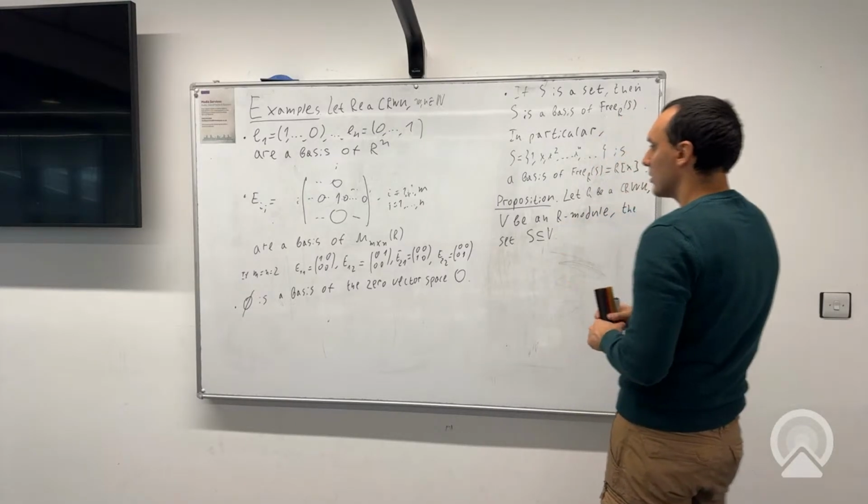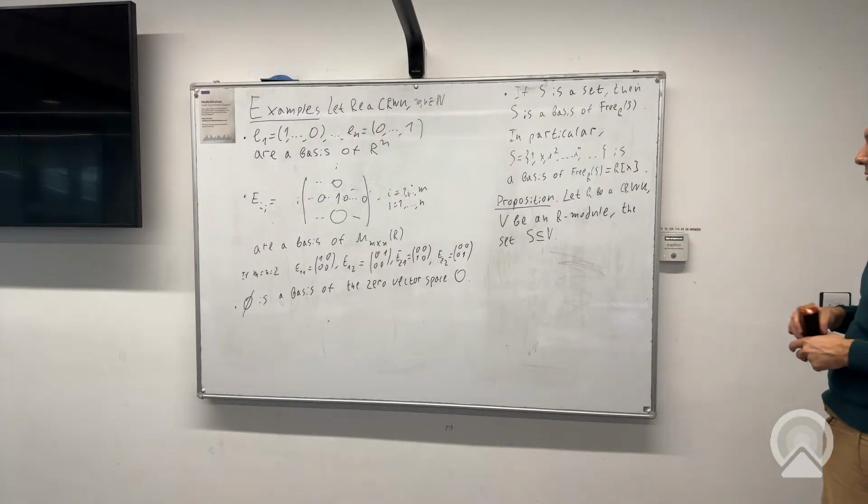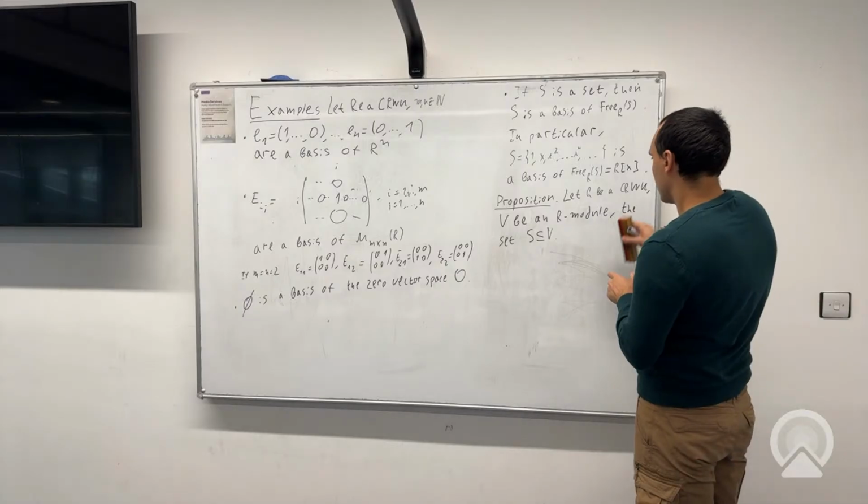A basis is a subset, usually a very small one, of the set of all vectors.